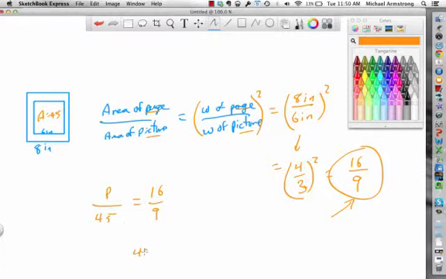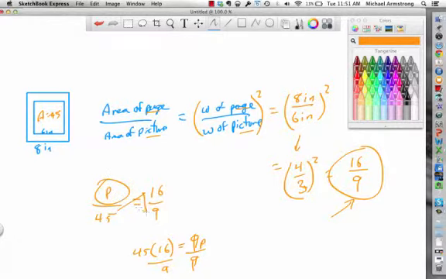So you have to do 45 times 16, and that's going to equal 9 times P, and you end up dividing by 9 to get P by itself. So it's 45 times 16 divided by 9. To solve for this one, you multiply these two and then divide by 9.